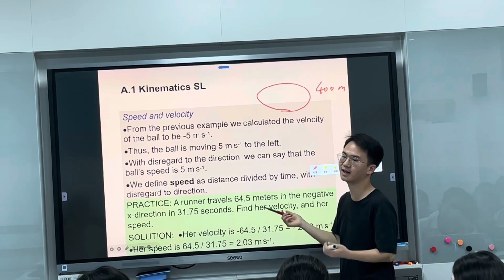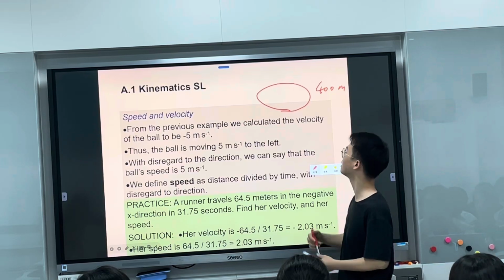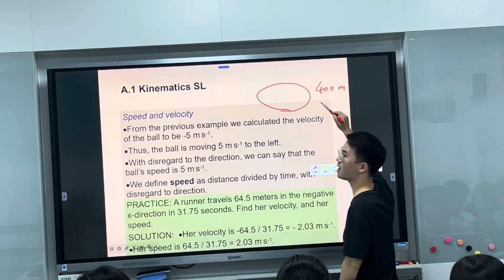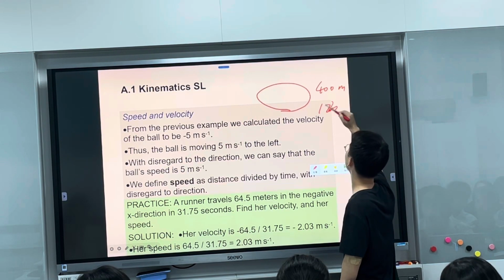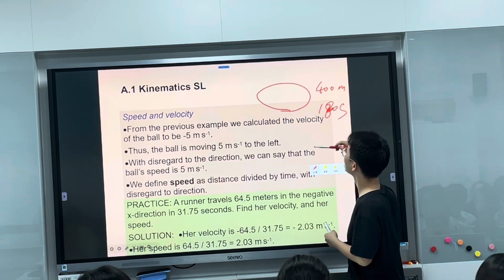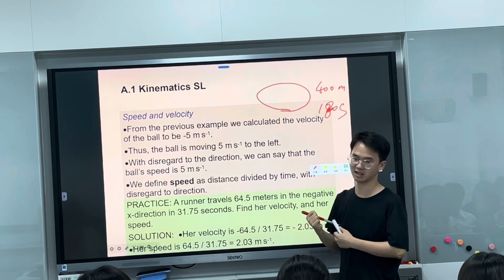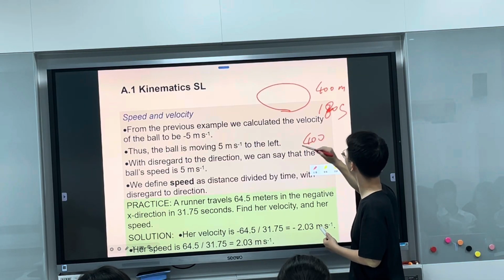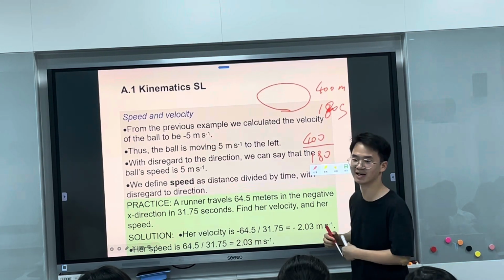Roughly, just an estimate. 3 minutes. Okay, 3 minutes. So that's about 180 seconds, right? What is Vinci's average speed? We should use 400 over 180 to calculate, right?